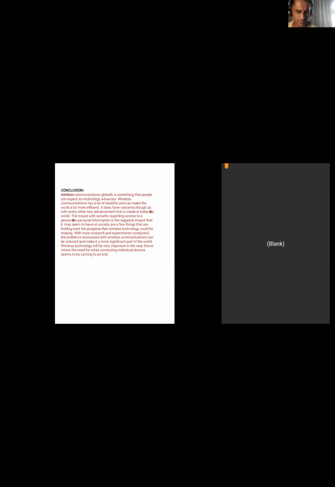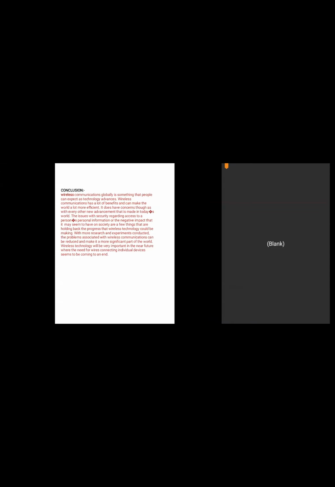Conclusion: wireless communication globally is something that people can expect as technology advances. Wireless communication has a lot of benefits and can make the world a lot more efficient. It does have concerns, though, as with every other new advancement made in today's world. The issue of security regarding access to personal information, and the negative impact it may seem to have on society, are a few things holding back the progress that wireless technologies could be making.